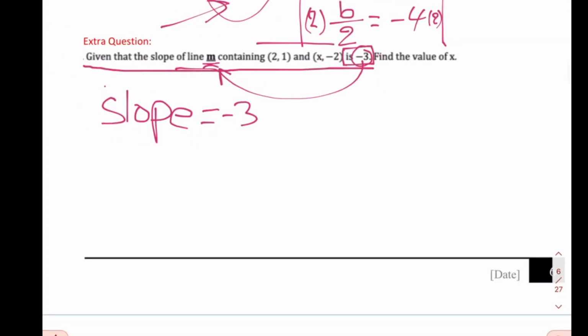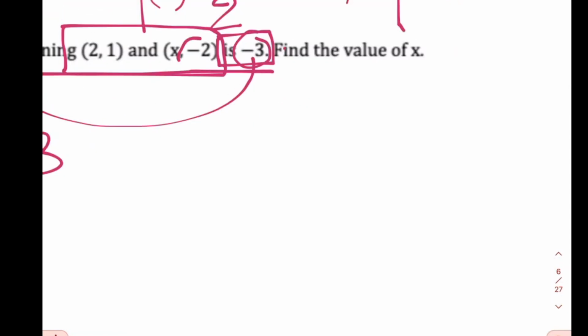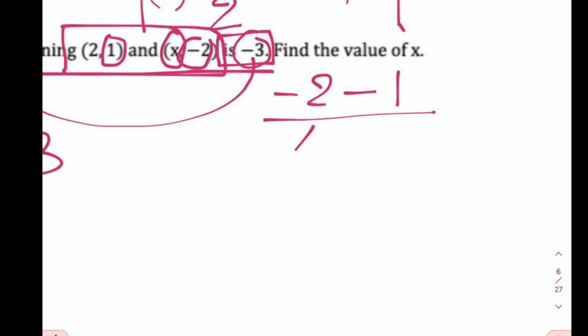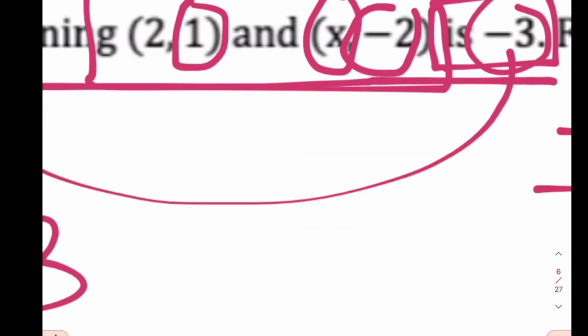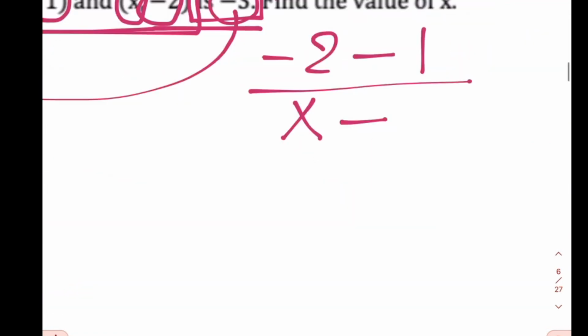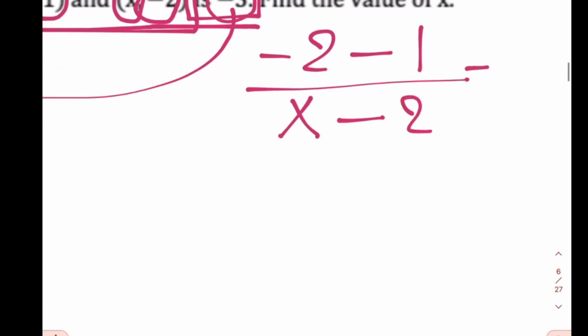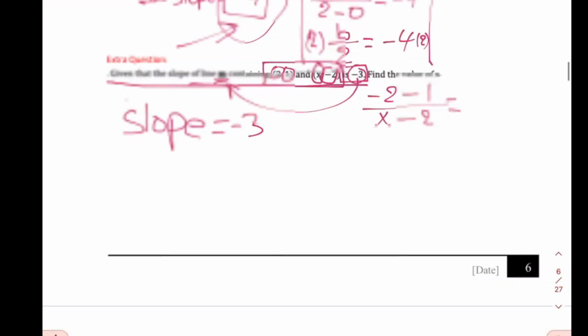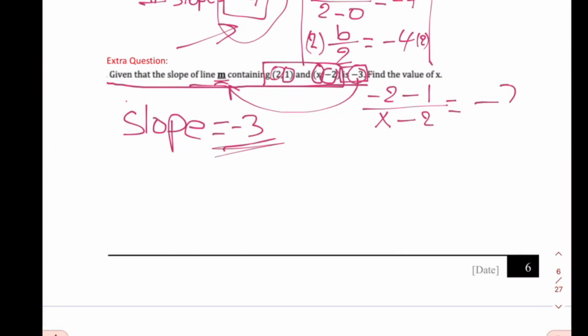These 2 points, we can use them to calculate the slope as well, which is y2 minus y1. y2 is negative 2, y1 is 1, so I put negative 2 minus 1 over x2, which is x. I put x minus x1, which is 2. I put minus 2, and I put it equals the slope. The slope is what? Negative 3. And we solve.